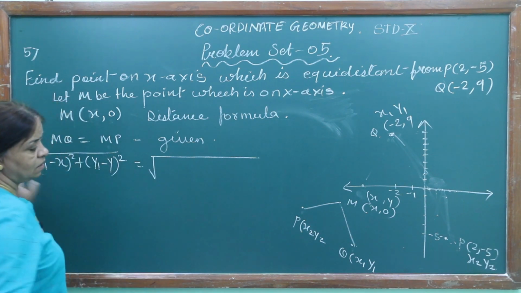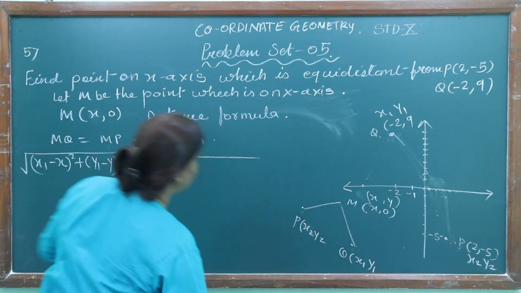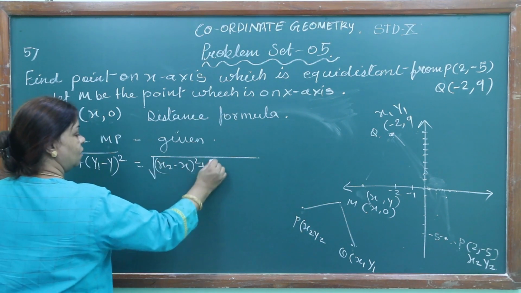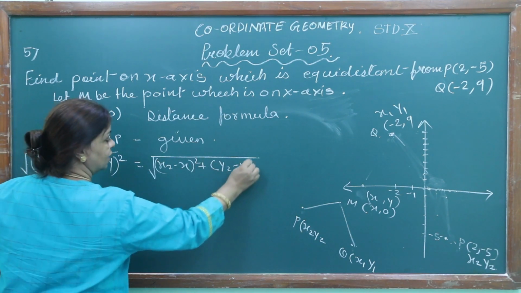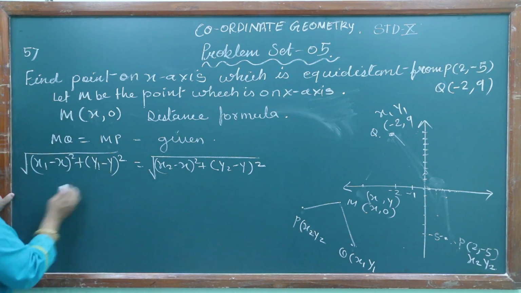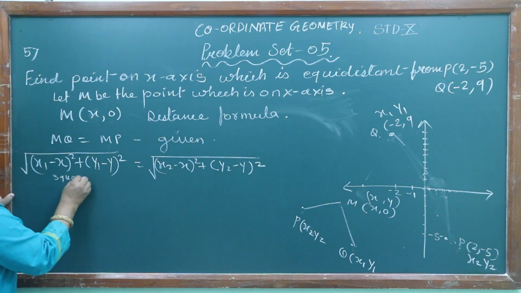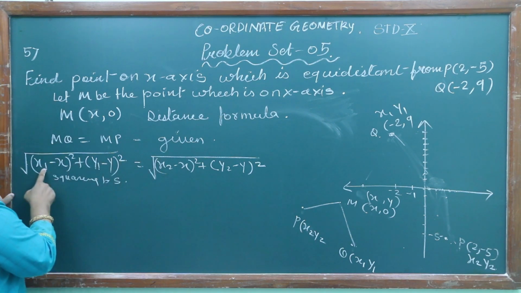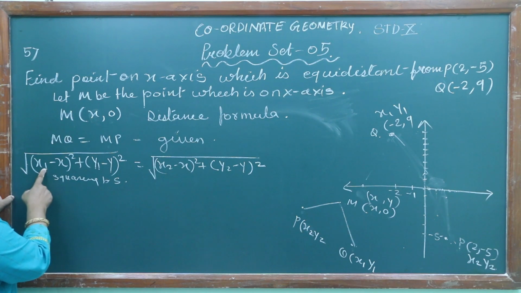Now MP is again x2 minus x the whole square plus y2 minus y the whole square. Now we will place the values, children. First we will square both sides; squaring both sides, the root will go. Then x1, how much is x1? x1 is minus 2, see there.